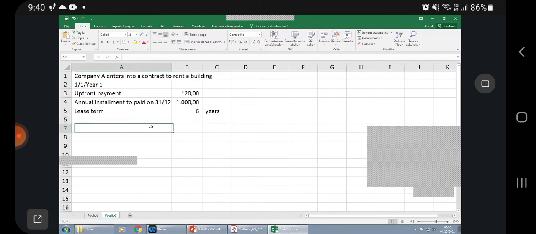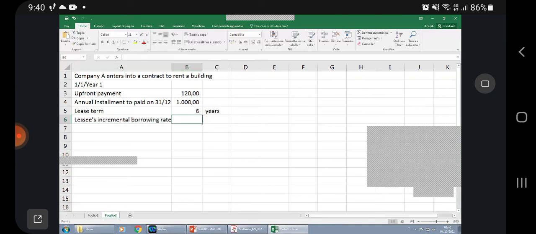In order to apply IFRS 16, we need another information that is the lessee incremental borrowing rate.